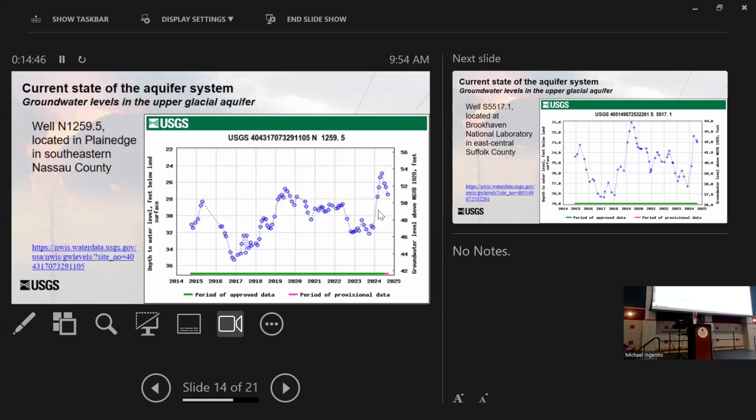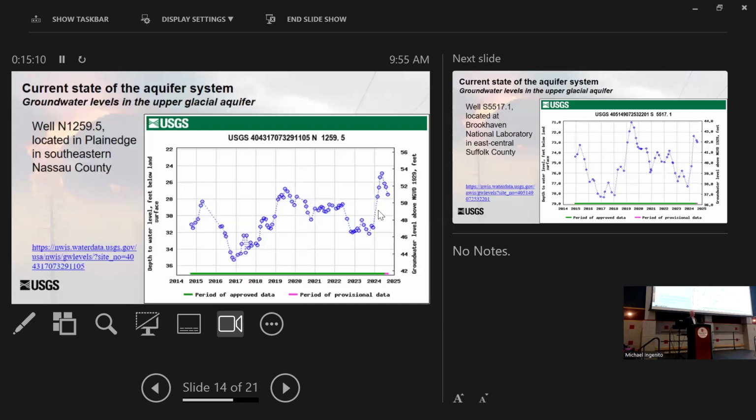So what does this look like in our aquifer system? Kind of following the same theme here of showing time on the x-axis, again, looking back about the last 10 years. What we're looking at here is groundwater level changes in the upper glacial aquifer, the water table aquifer. Here we're in southeastern Nassau County, so a fairly urbanized part of the island. It's an area that's sewered.